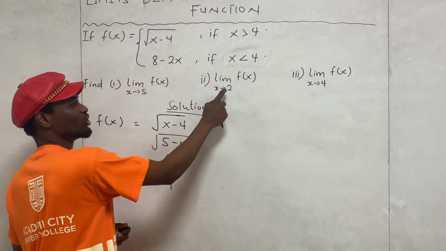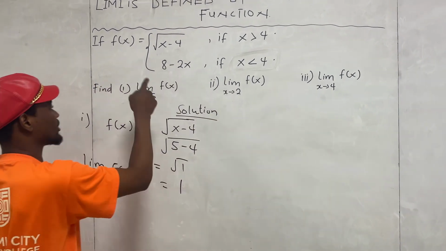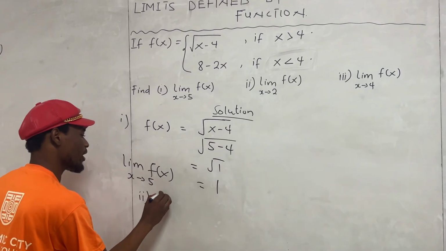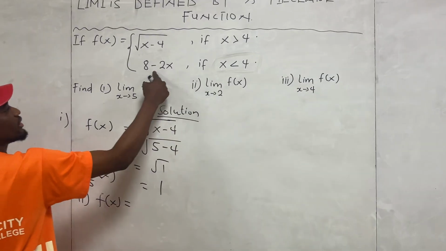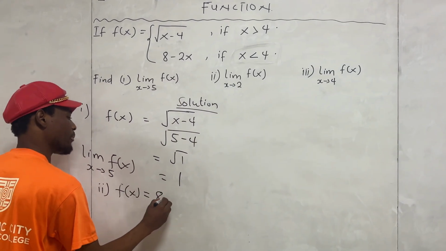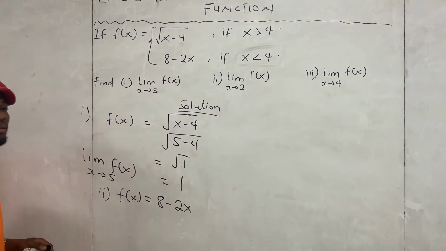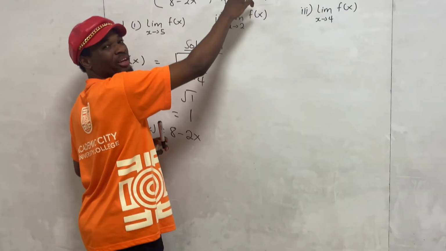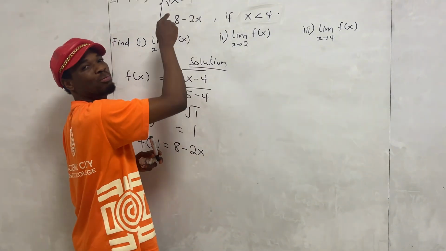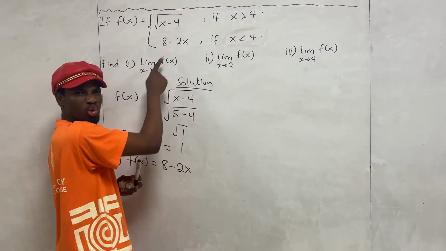So we use the second function. We have f of x equal to 8 minus 2x.